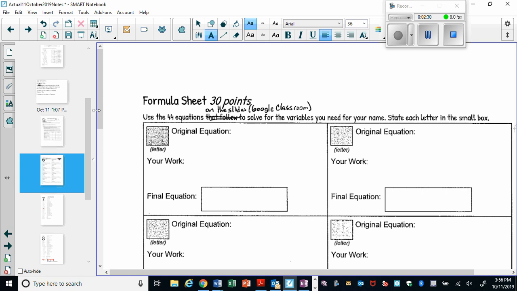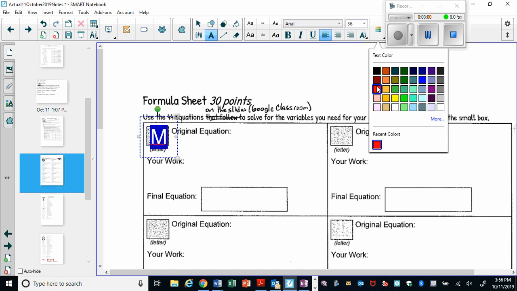This is your worksheet back here. There are at least 44, probably more, equations you can use, and then state the letter in the small box. So, for this example, let's say I'm going to choose the letter M. That is our original letter.